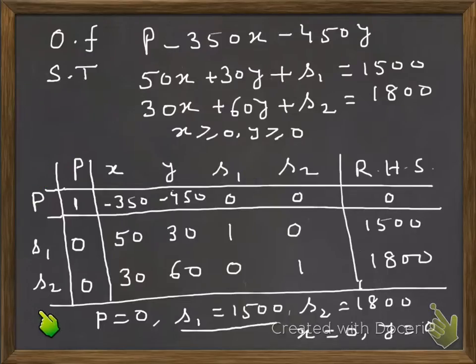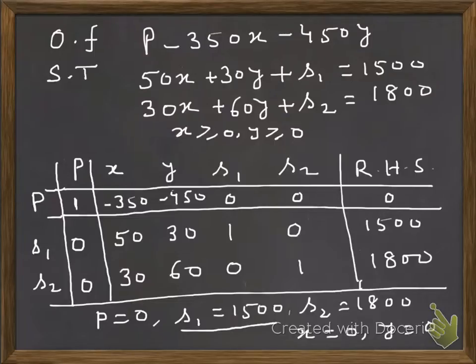This may not be optimum, and for that the check is in the objective function line. If you get any negative value, as you are seeing minus 450 and minus 350, that indicates that the objective function value, which is 0 right now, can be improved.